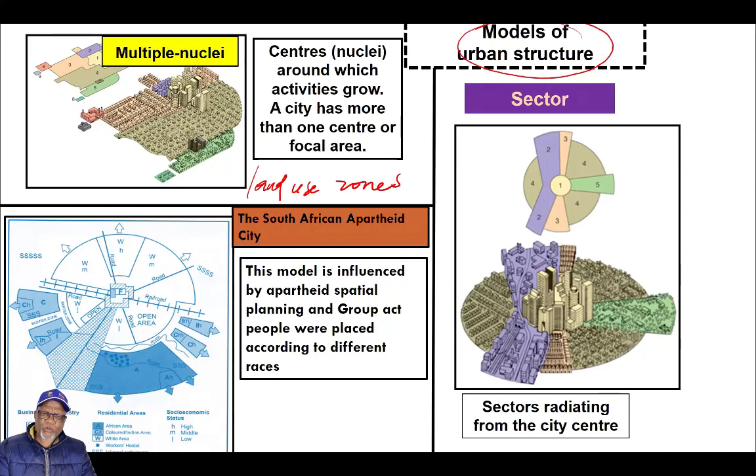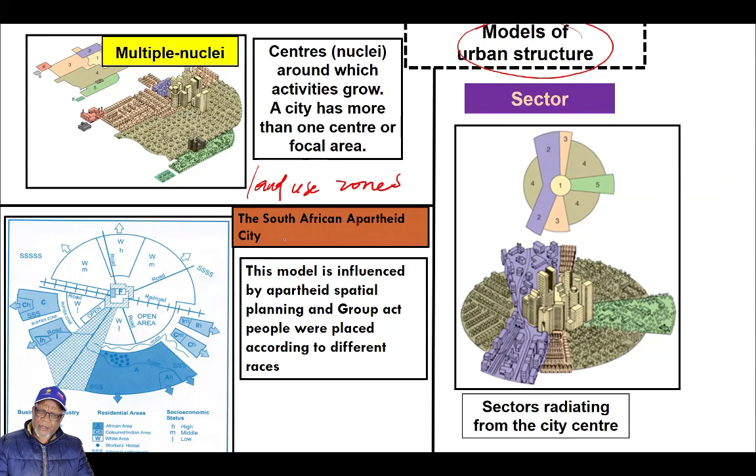So, according to multiple nuclei, what do we learn from that? We learn that cities have more than one center, more than one focal point. And then we have this other model that we call the South African apartheid city.